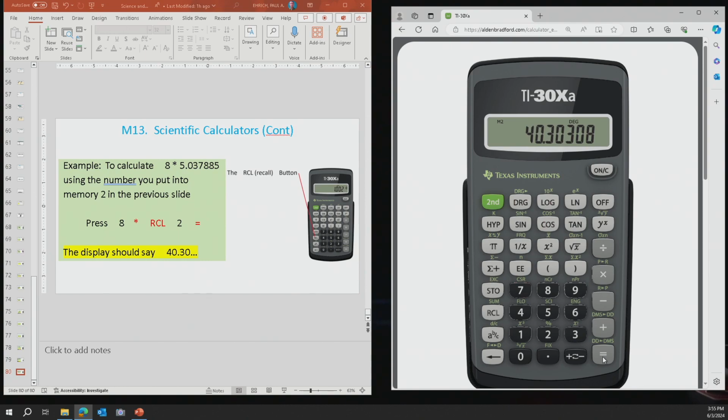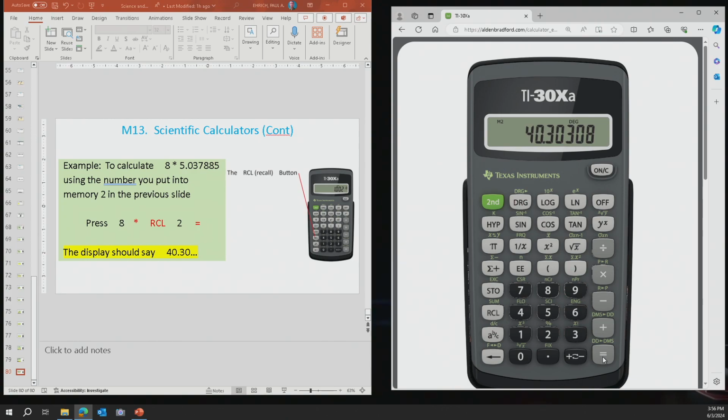And you're saying, well, who cares? Well, remember, what would you have done? This was this number times 8, but let's say that you needed to do 10 more numbers.